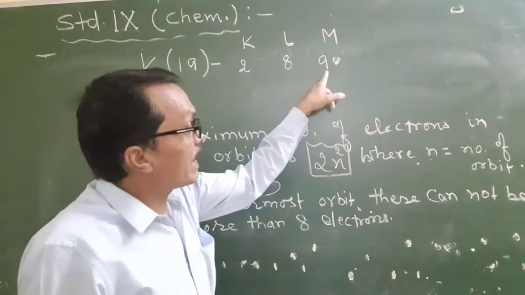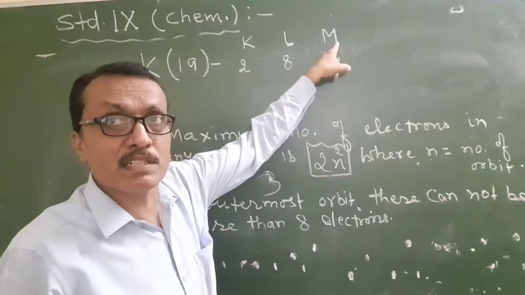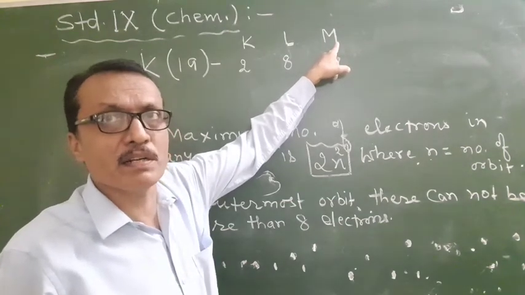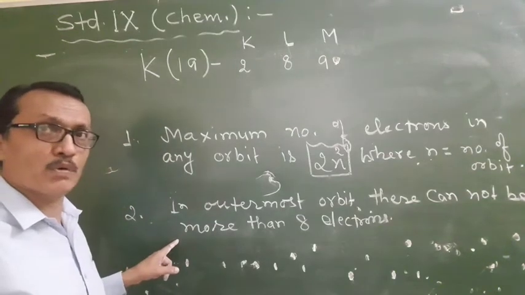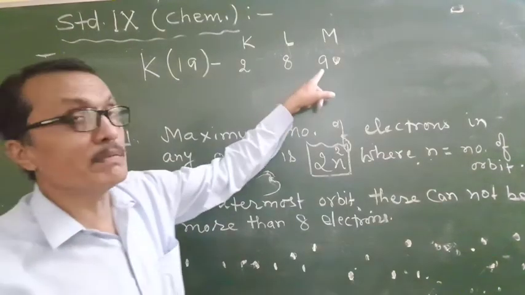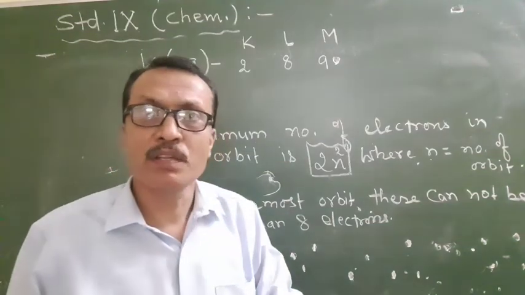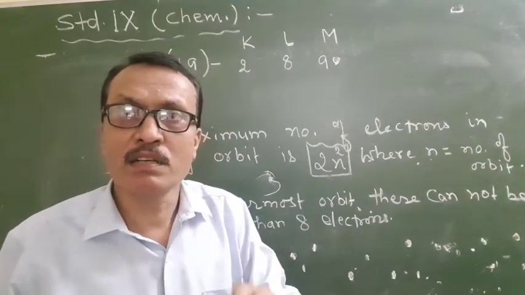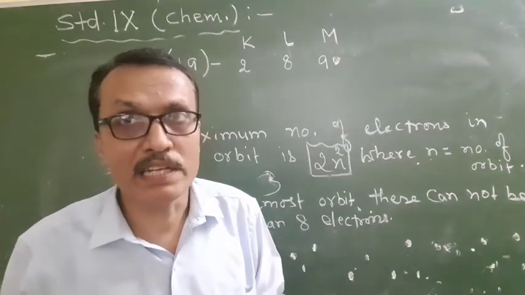if you write 9 in the M orbit, which is the outermost orbit here, then as per the second point of the Bohr and Bury scheme, this will be wrong, because the second point of the Bohr and Bury scheme tells us that in the outermost orbit there cannot be more than 8 electrons.